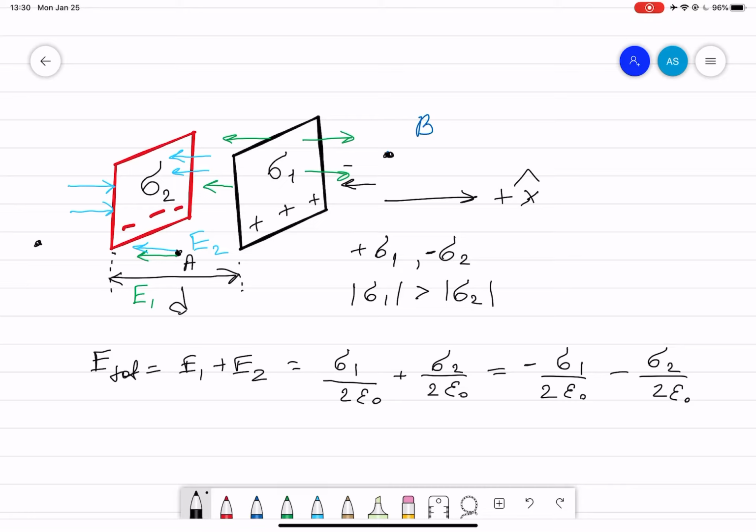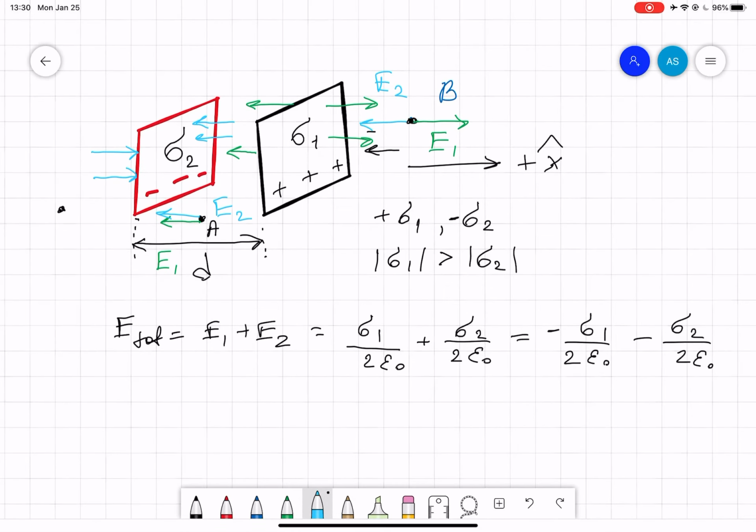Now, what about the electric field at point B? How can we find it? Again, we first draw the electric field lines. For sigma 1 the electric field points this side, so I call it E1. For sigma 2, it's pointing to the left, so I call this one E2.